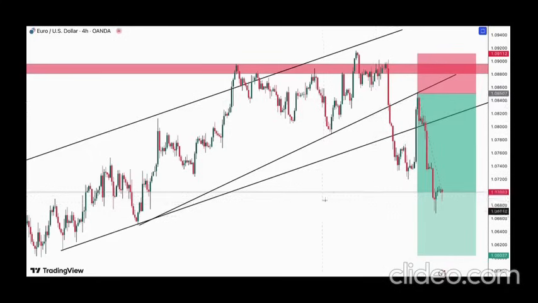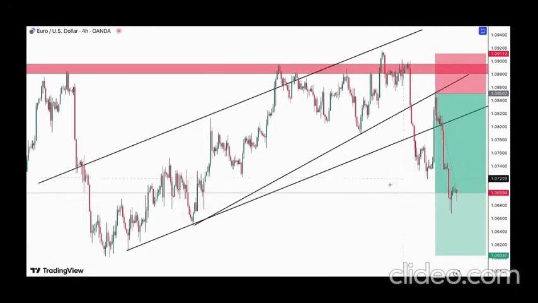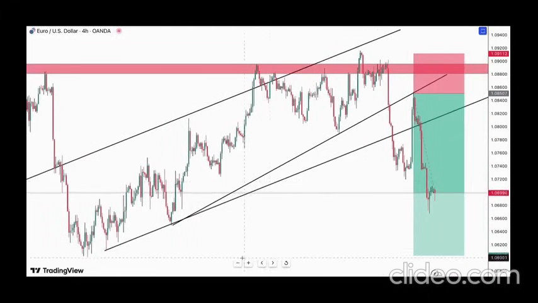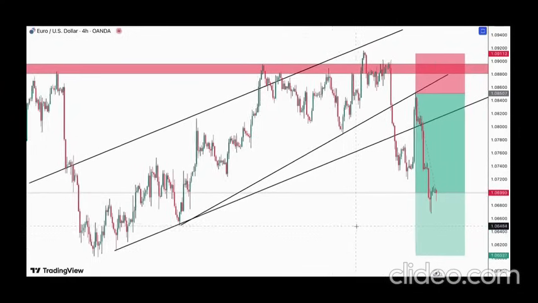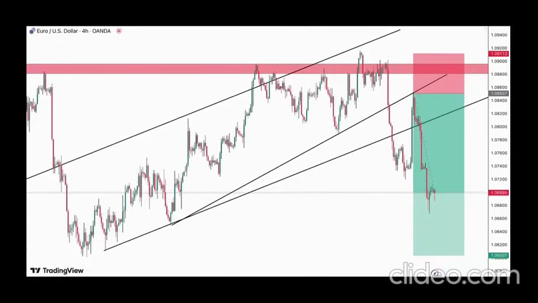I think it will be helpful to all people who have already taken this trade, or they are in Euro USD on a selling trade. You should keep on holding it until it passes this point, or you can just place your take profit here.